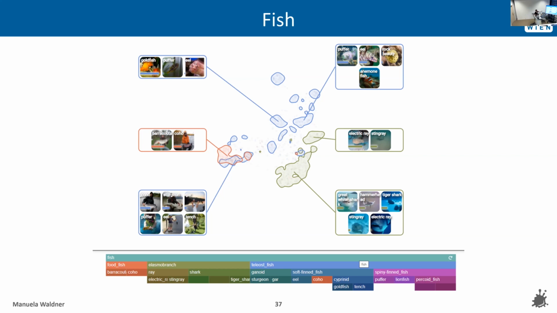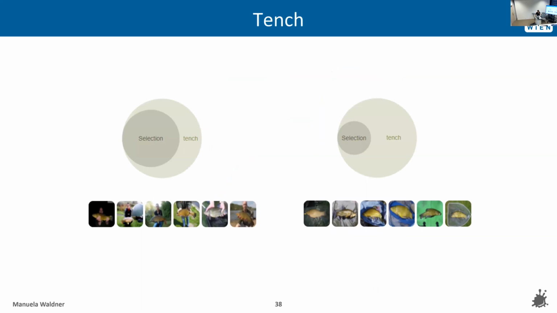But what was also interesting is that the tench class itself was basically separated into two splatters. When we looked at the examples of these two splatters, on one hand side, the people holding the fish, and here it's lying on plastic. There's not a single image in the whole data set where the fish is alive. It only consists of dead images. So that was something that goes a little bit beyond what has been reported in the literature.